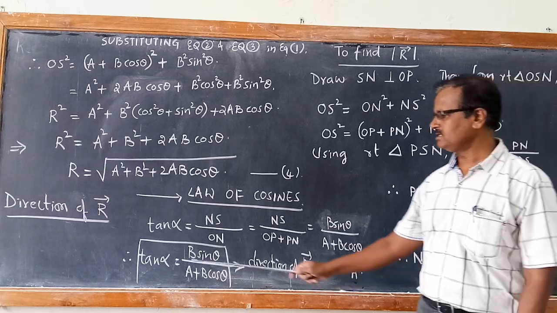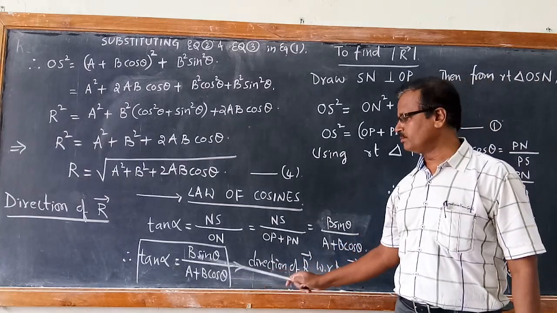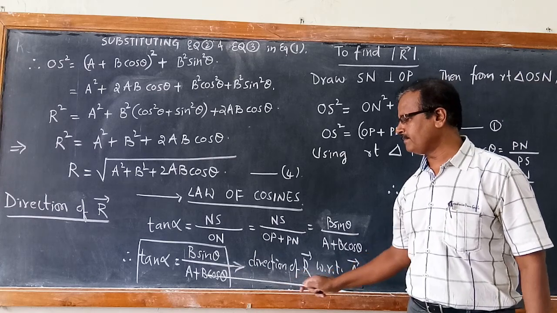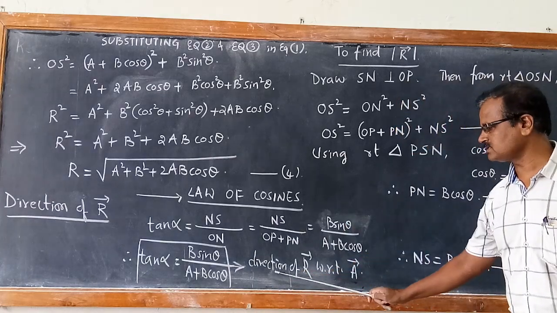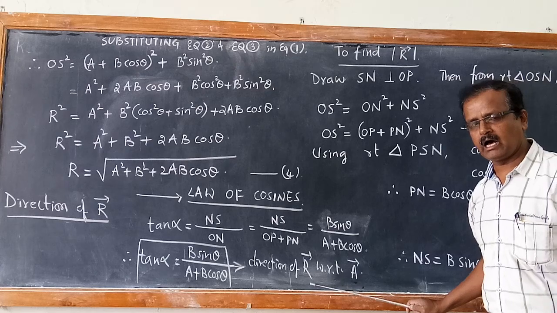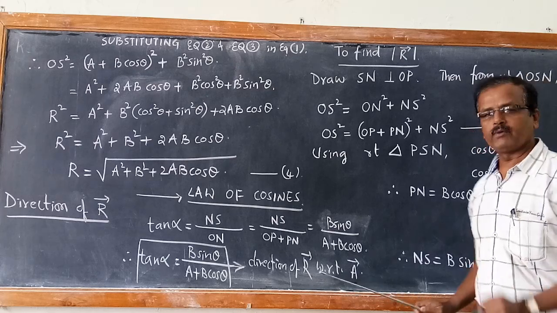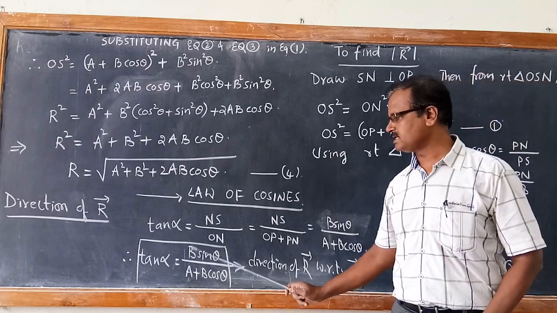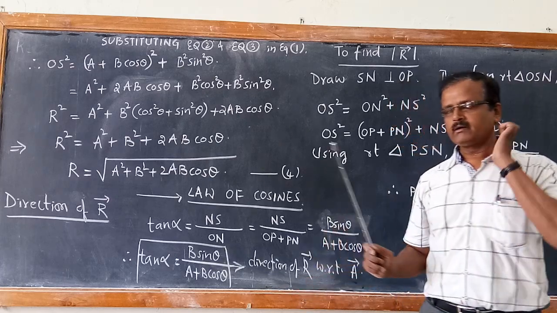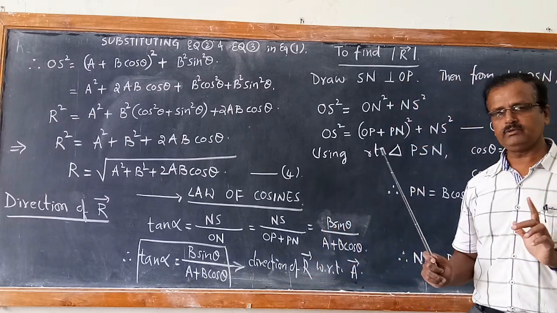Therefore, finally we get tan alpha equal to B sin theta divided by A plus B cos theta. This gives us the direction of vector R with respect to vector A. Alpha is the angle made by the vector R with respect to vector A.